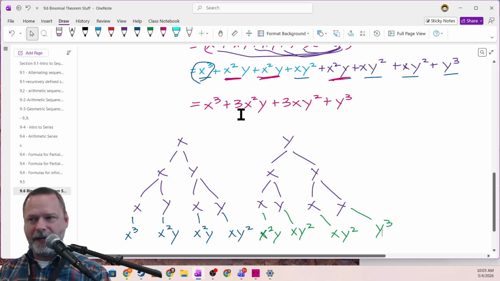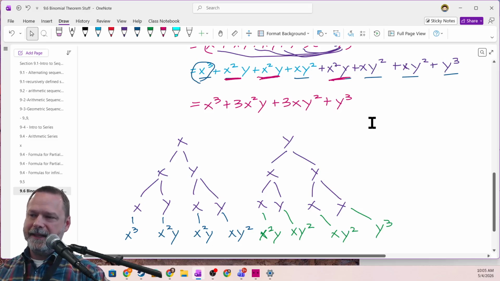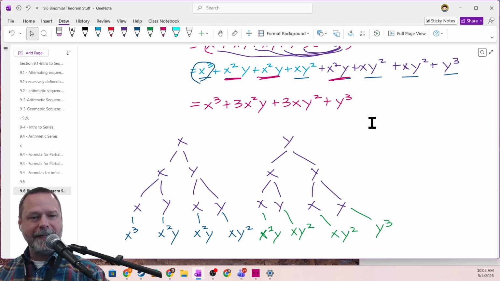It's combinations. How many ways are there to pick 2 x's and a y? There were 3. How many ways are there to get 1 x and 2 y's? There are 3 ways. How many ways were there to get all y's? There's only one way, right? And so it is that combination thinking. We're finding combinations here.